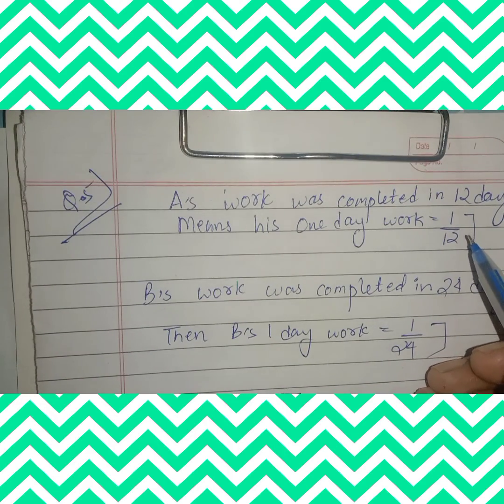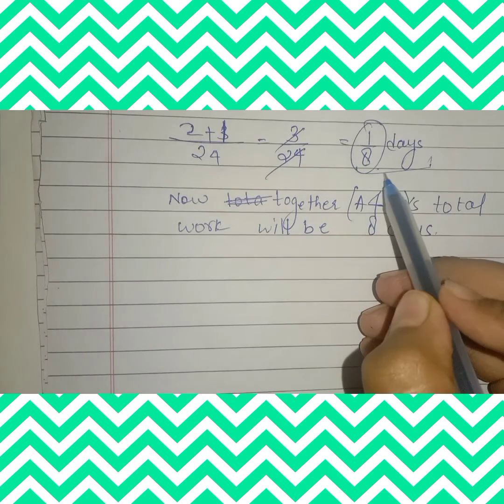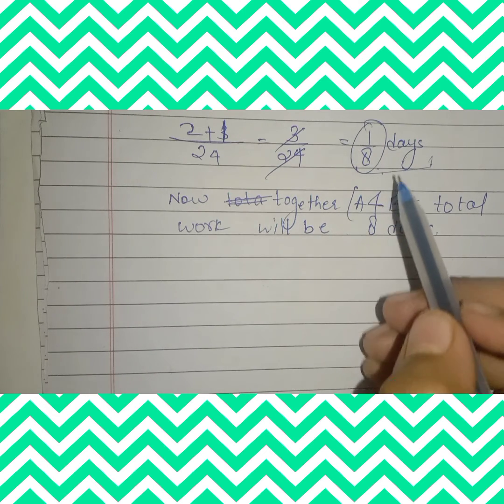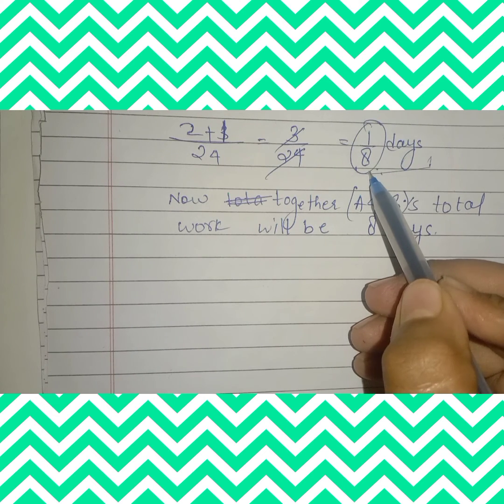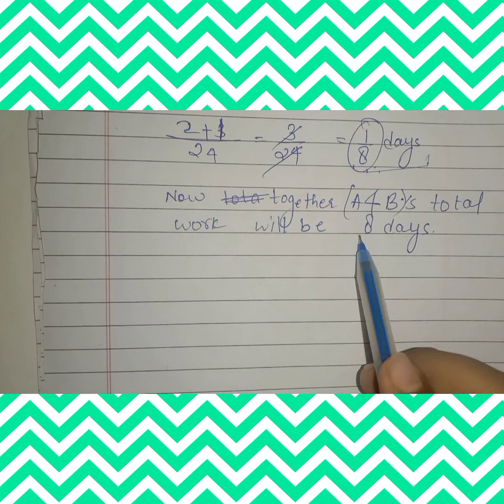If we want to get the work for one day, we will just use the unitary method. So here the same thing is done for one day, and the answer has come. If it is reciprocal, then here also it will be reciprocal and the answer will become 8 days.